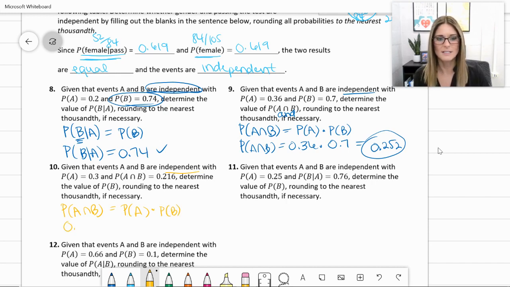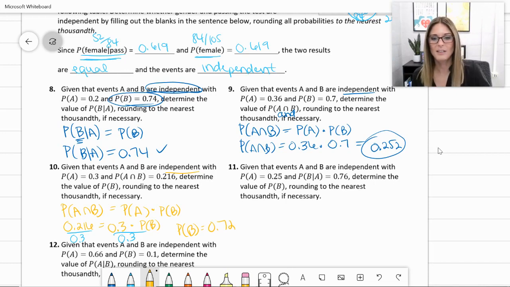I know this is 0.216. I know the probability of A is 3/10, but I am missing that probability of B that we're looking for. So we're just going to solve. Divide away the 0.3 on both sides. So your probability of B is equal to 0.72 or 72 hundredths.